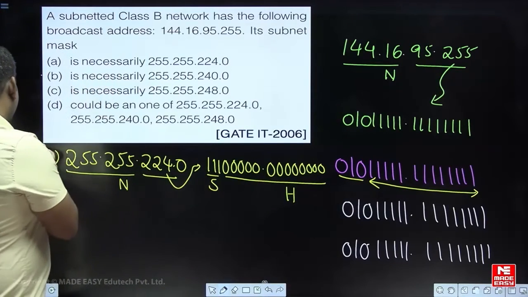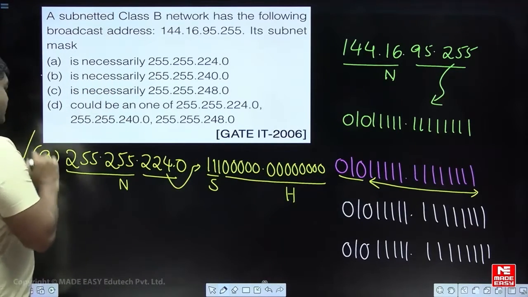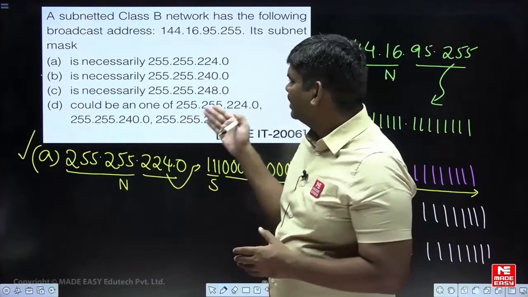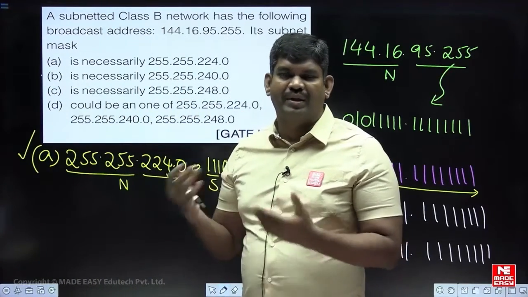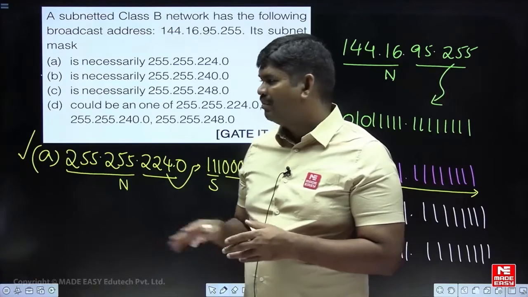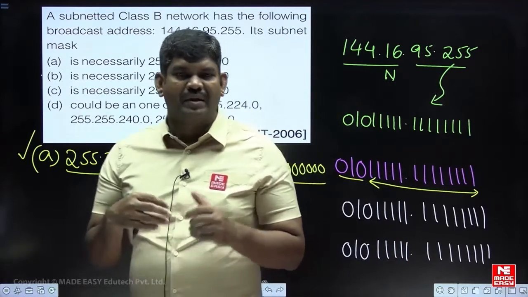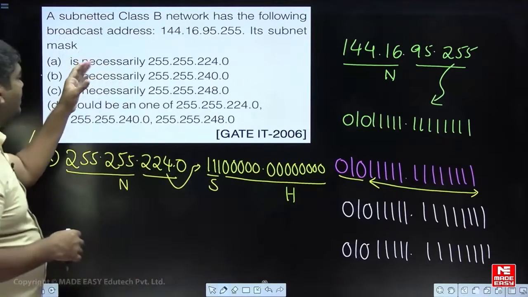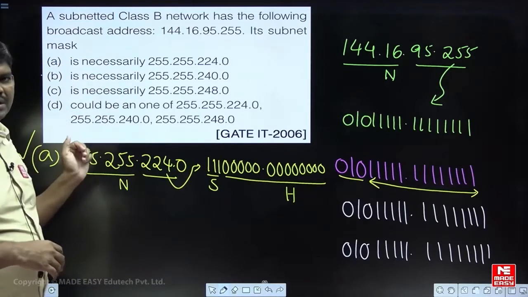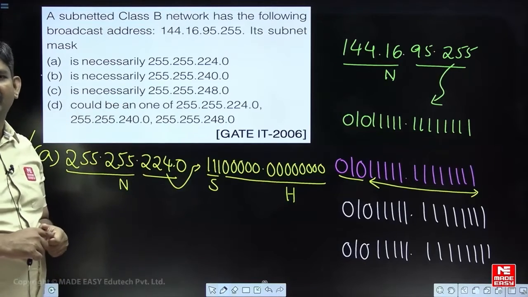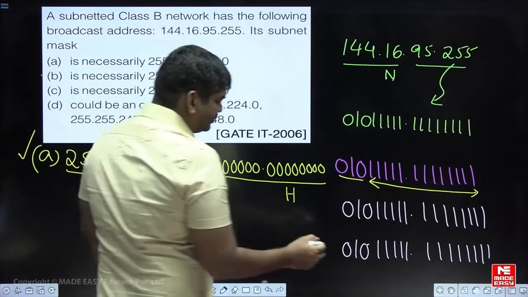So obviously A is one answer, but is A necessarily the only answer? That's why they have given B and C also. Let us check the remaining options. If the required condition is satisfied, then those values can also be answers.